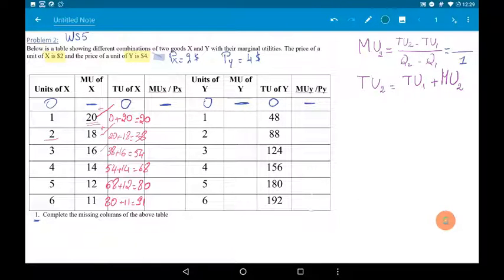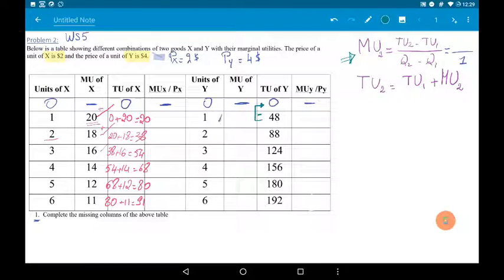Now let's calculate the marginal utility of Y. We'll be using this rule. Again, change in Q, Q2 minus Q1, is always 1. So it's enough to calculate total utility 2 minus total utility 1.